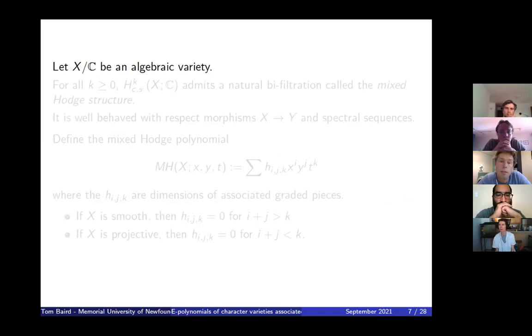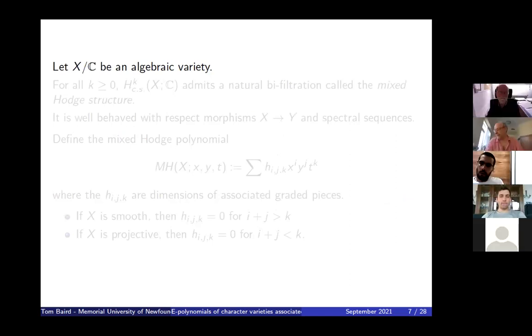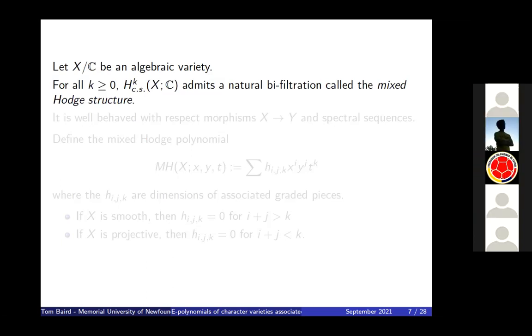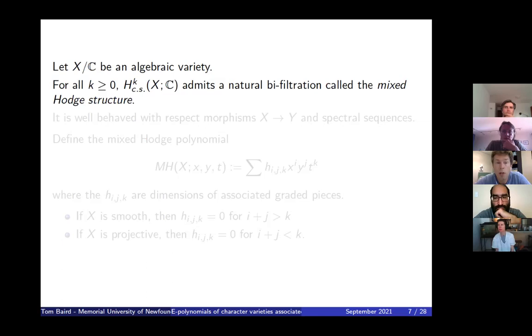Now I want to tell you what an E-polynomial is, and I have to talk a little bit about mixed Hodge structures. Okay, so let X now just be an algebraic variety over C, maybe quasi-projective, say. I don't think that's necessary, but an algebraic variety. It doesn't have to be smooth, it can be singular. And then you can consider the compactly supported cohomology on this variety, say singular cohomology.